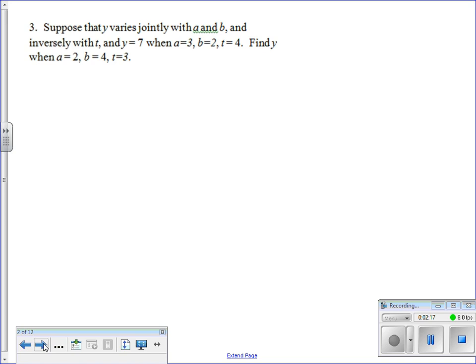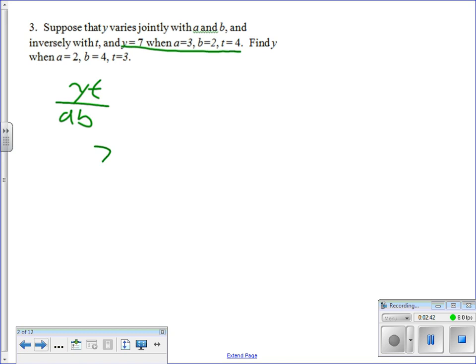Okay, suppose that y varies jointly with a and b, and inversely with t. That means I have the relationship y times t over a times b. That number is a constant number every time. Okay, that's the relationship between the variables. Plug in the ones I know.